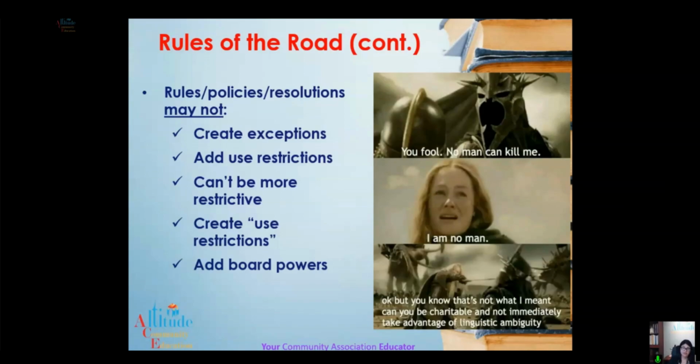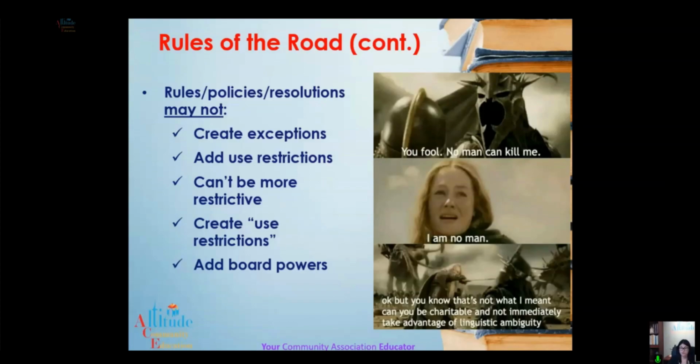Any type of leasing regulation is considered a use restriction because leasing your property is a fundamental right of property ownership. So anytime you are thinking about adding some leasing restrictions for your community, almost 100% of the time, you have to amend your declaration.